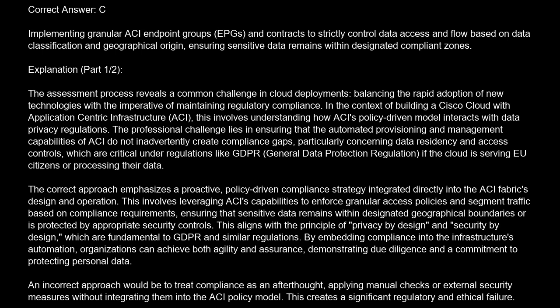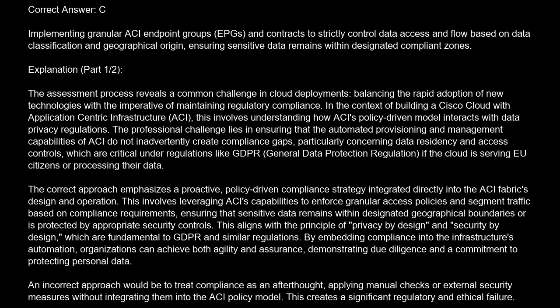Data Protection Regulation. If the cloud is serving EU citizens or processing their data, the correct approach emphasizes a proactive, policy-driven compliance strategy integrated directly into the ACI fabric's design and operation. This involves leveraging ACI's capabilities to enforce granular access policies and segment traffic based on compliance requirements, ensuring that sensitive data remains within designated geographical boundaries or is protected by appropriate security controls.